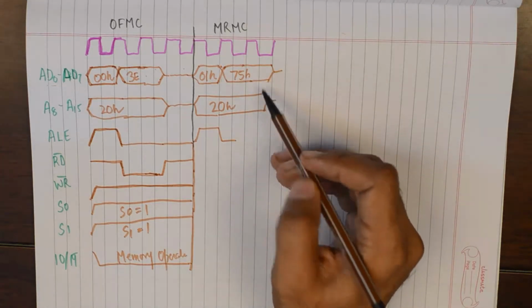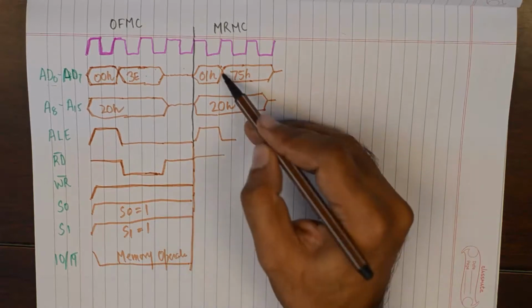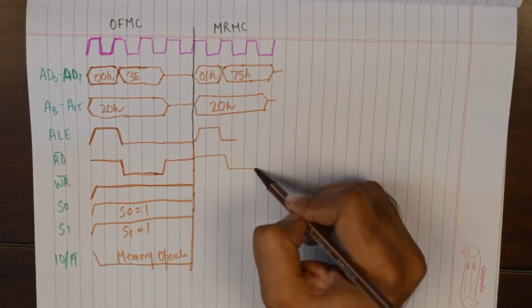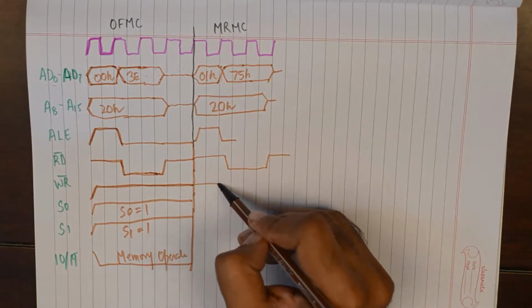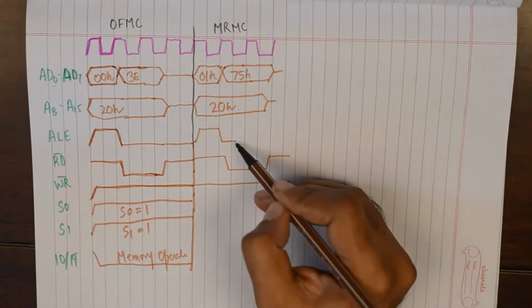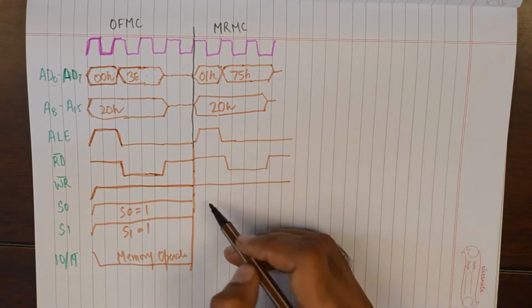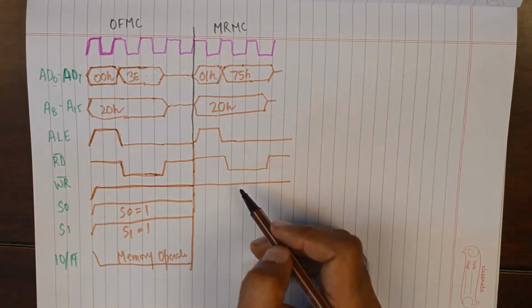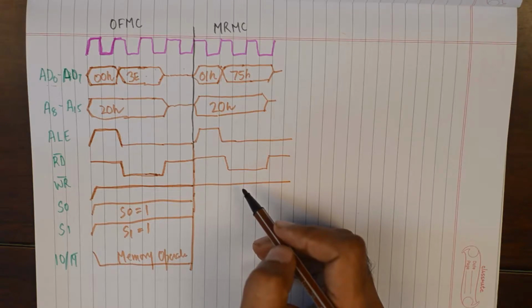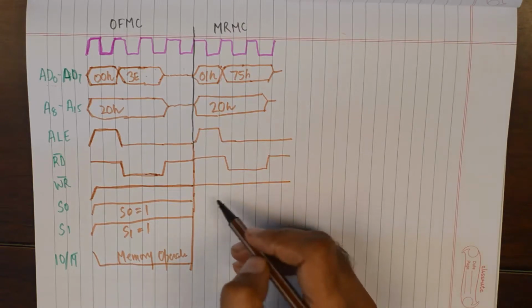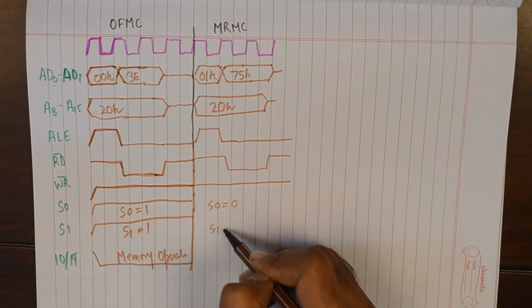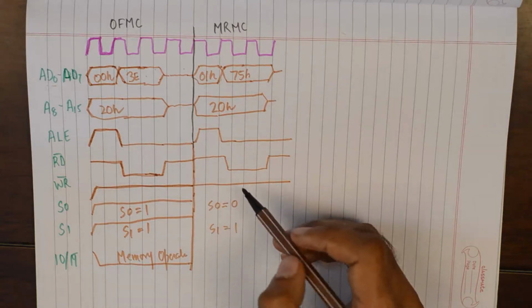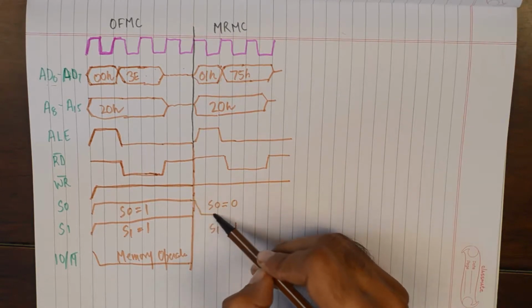To fetch 75H again, read needs to go to 0, write stays 1, it stays inactive, and the value of S0 will be 0 and S1 will be 1 for memory read machine cycles.